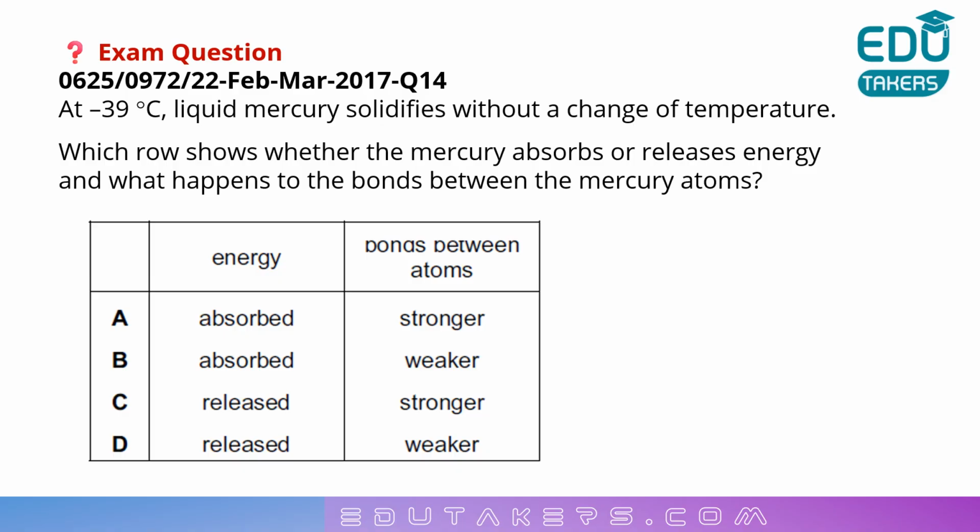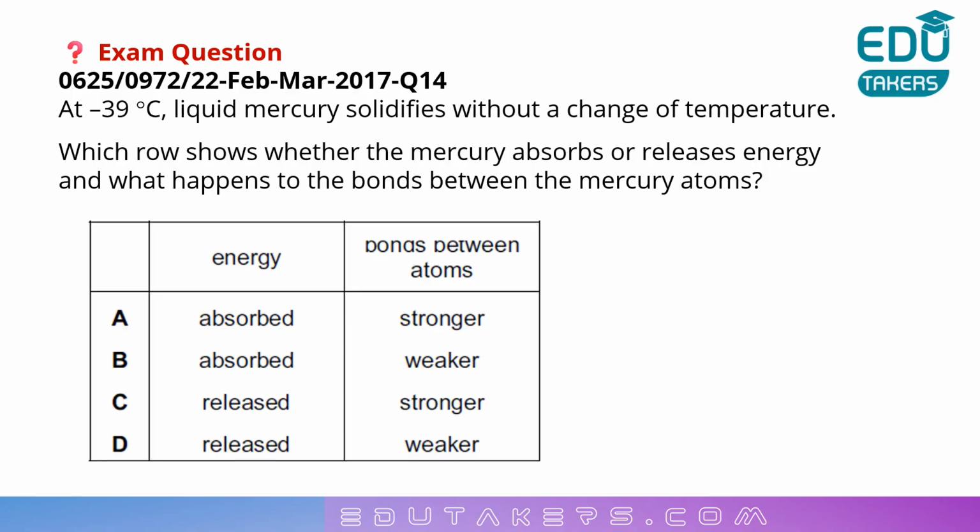For the transition from a liquid to a solid, like liquid mercury solidifying at minus 39 degrees Celsius, here is the correct understanding of energy and bond strength changes. When a substance solidifies, it goes from a state of higher energy, liquid, to a state of lower energy, solid. This means that energy is released during the process.